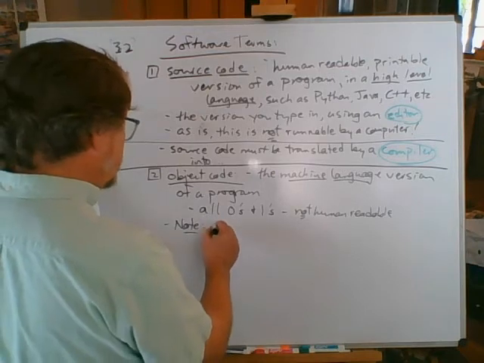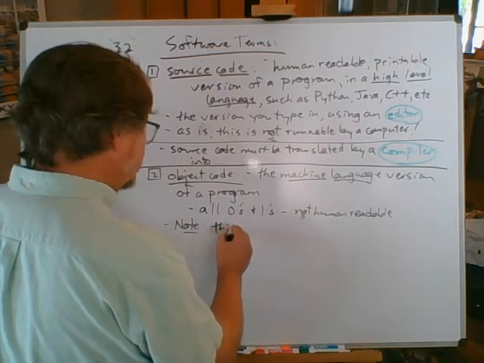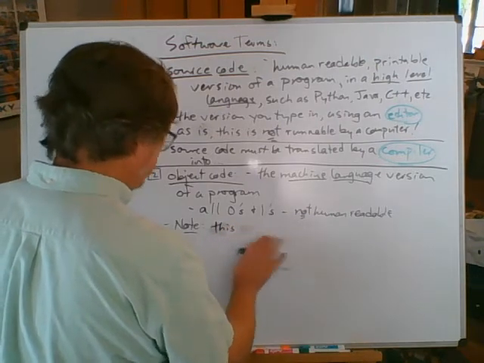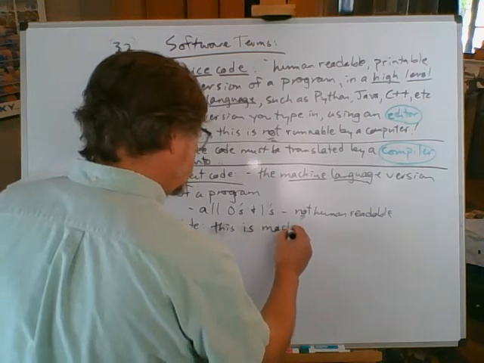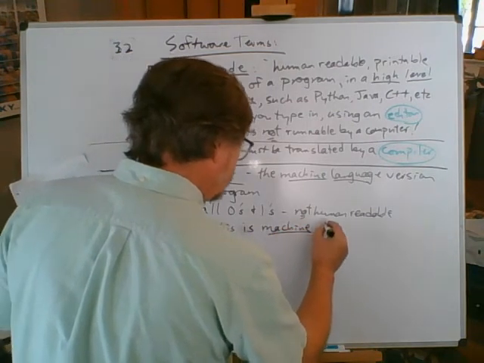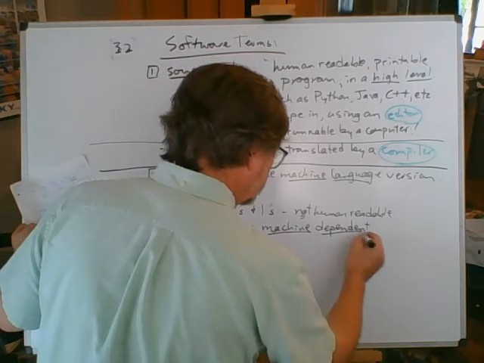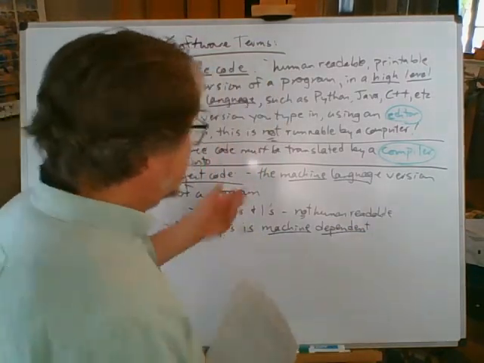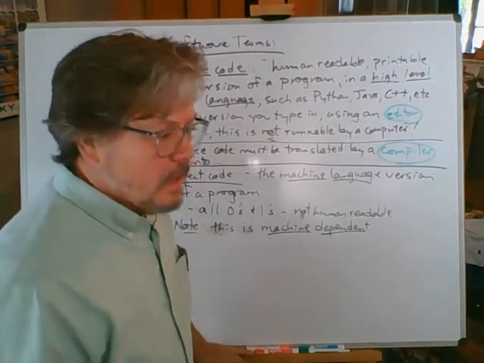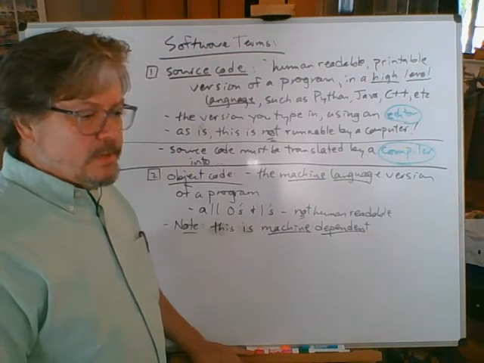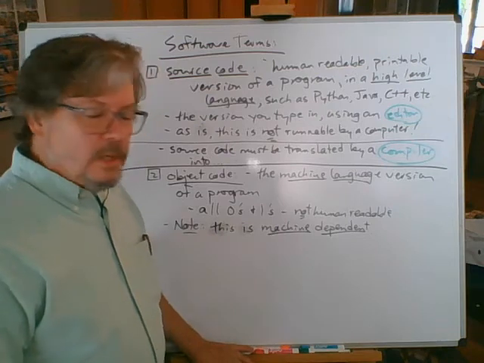Object code is what we in the biz would call machine dependent. I'm having so much trouble writing today. I'm sorry. This is machine dependent. What's machine dependent? The machine language is machine dependent. Every different kind of processor, sometimes even different processors within the same brand, several different Intel processor chips, they have their very own machine language that they understand.